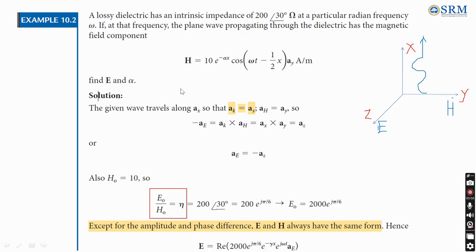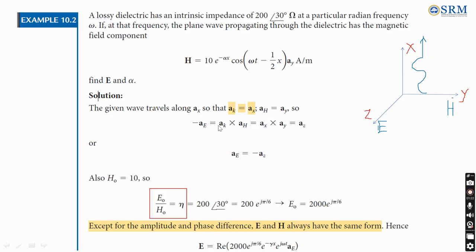To find the electric field, we should know in which direction it is propagating. The given wave is traveling along the positive x-axis because of the negative sign of the beta value. So aK is here aX, and aH is along aY.